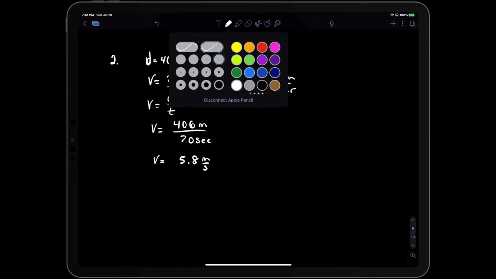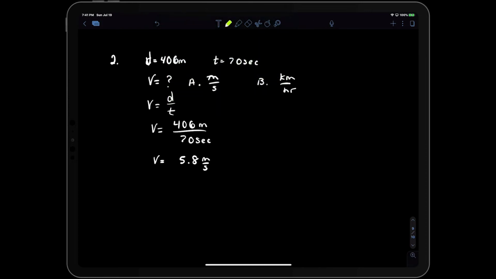Now, when we go to change that, again, you need the conversion factors. You have 1 kilometer is 1,000 meters. 1 hour is 3,600 seconds. Okay, so we'll extend this. There's no reason to redo the whole setup. We're just going to add in the conversions. I have meters, I have meters.